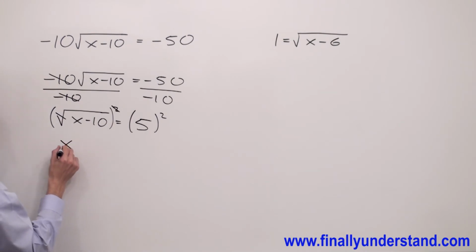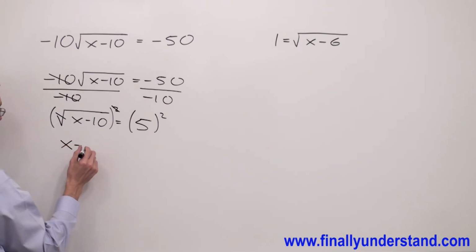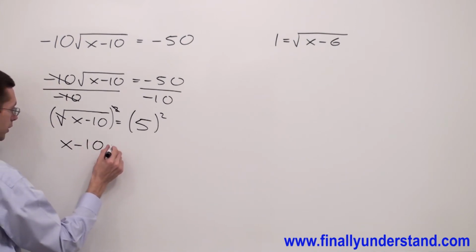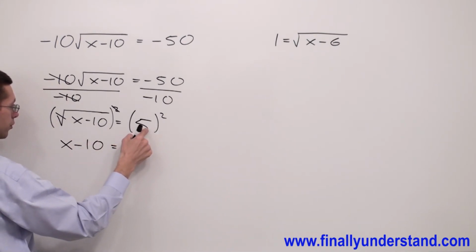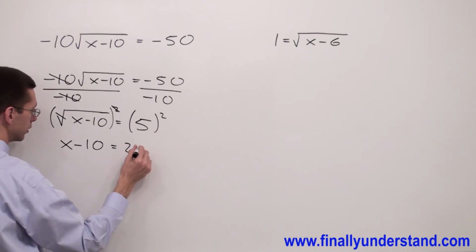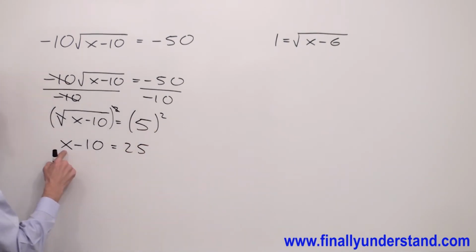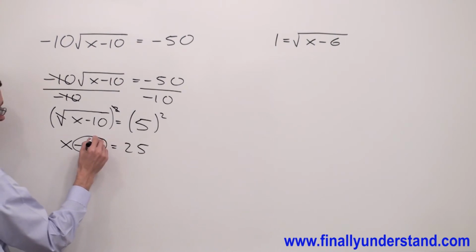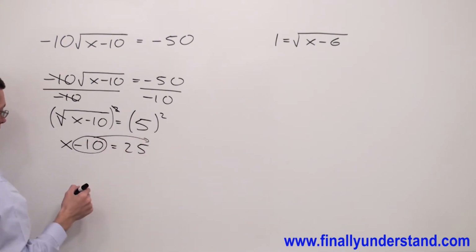And I have x minus 10 equals 5 to the second power, which is 25. I'm looking for the value of x. In order to do so, I have to move my negative 10 to the right side of my equation.